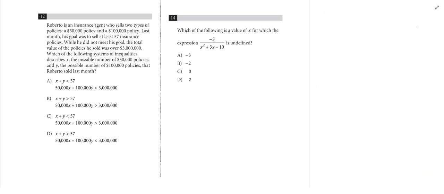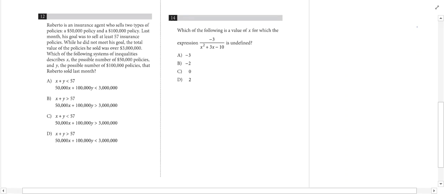Okay, let's move on to number 12 here. This person sells insurance, and two kinds of insurance policy. One is the 50,000 policy. The other one is the 100,000 policy. Okay, and they assume he sells X of the 50,000 policies, and Y of the 100,000 policies.